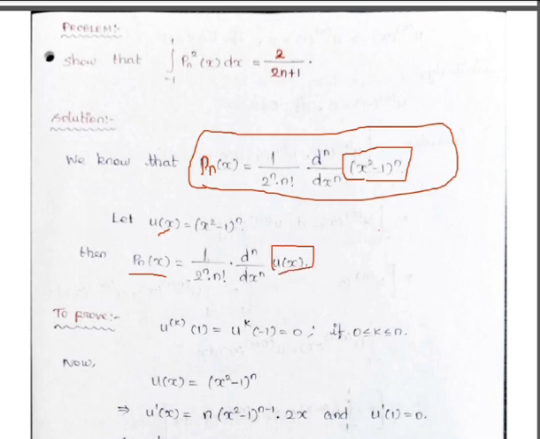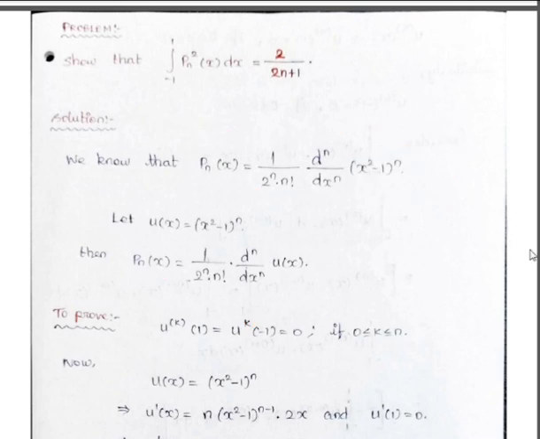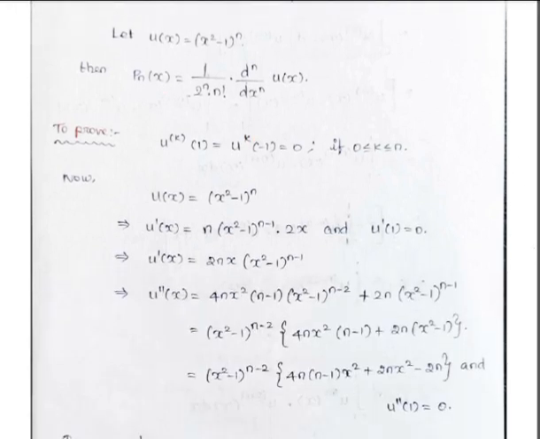Now we prove that the kth derivative of u at 1 equals 0, and also the kth derivative of u at minus 1 equals 0, if 0 is less than or equal to k less than n. Now we have u of x equal to (x square minus 1) whole power n.